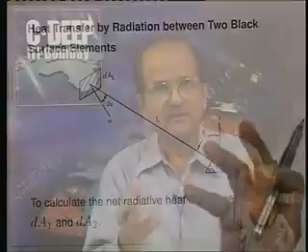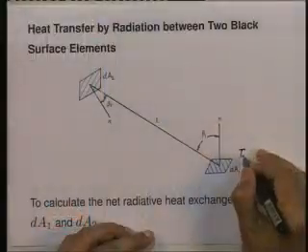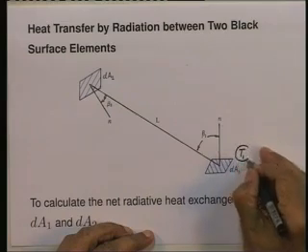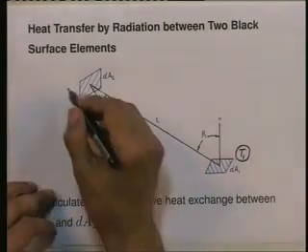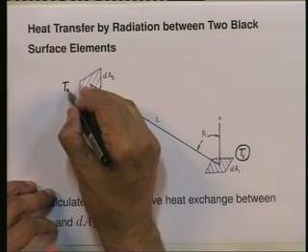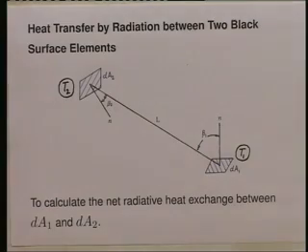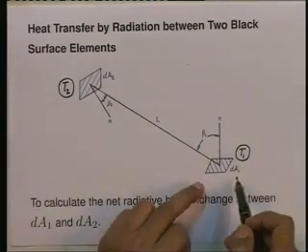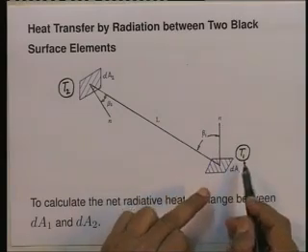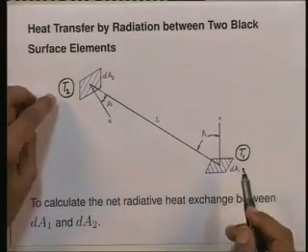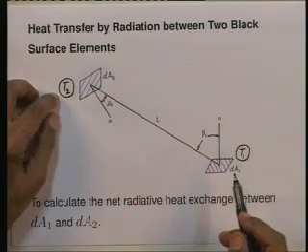There are two surface elements arbitrarily located somewhere in space. dA1 is at an absolute temperature T1, and dA2 is at an absolute temperature T2. Both of them are maintained at these absolute temperatures T1 and T2. So, obviously, dA1 is going to emit radiation by virtue of being at T1, dA2 is going to emit radiation by virtue of being at T2.